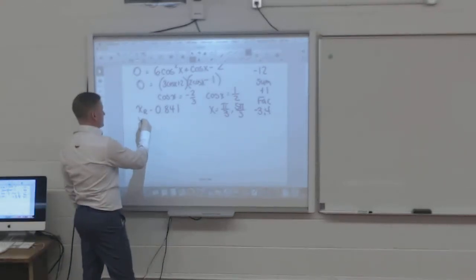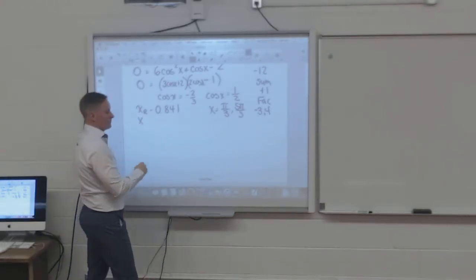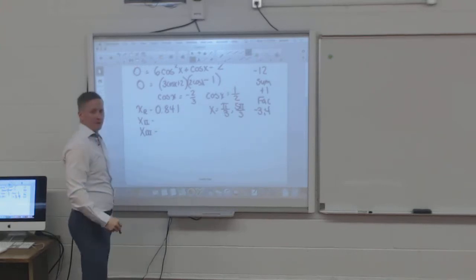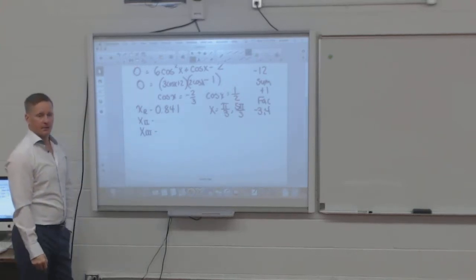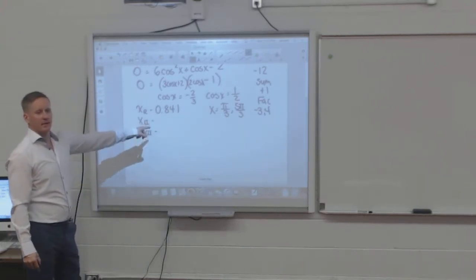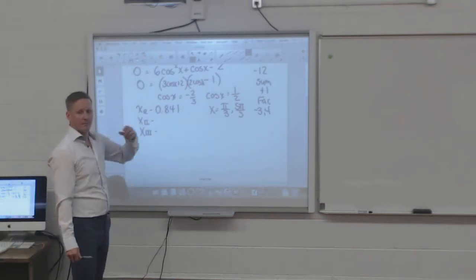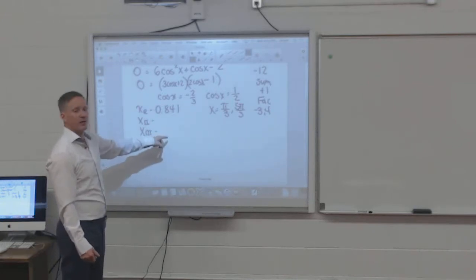What two quadrants is cos negative in? 2 and 3, correct? So I have to find this angle in quadrant 2. So what do you do? In quadrant 2, pi subtract that number, and in quadrant 3, pi plus that number.